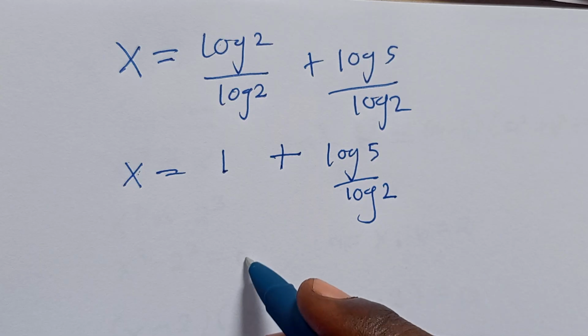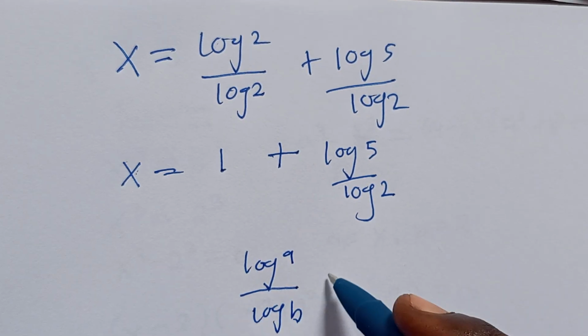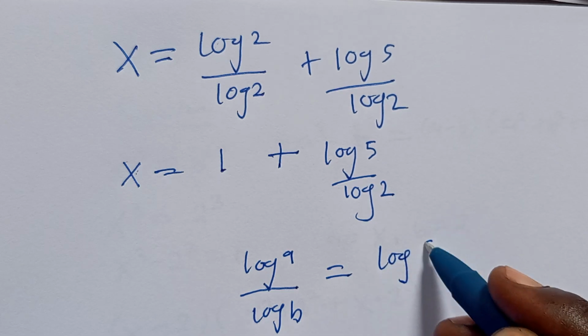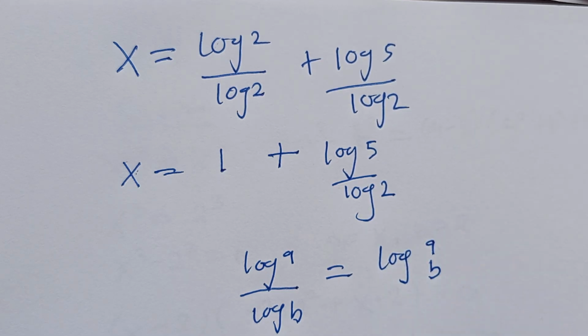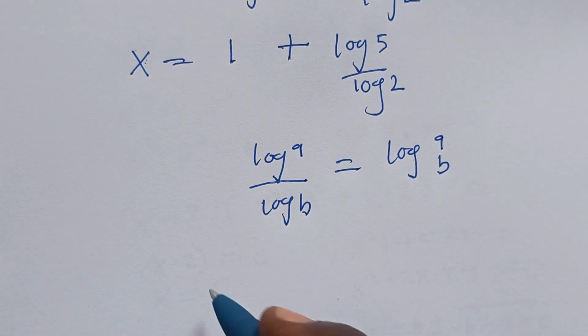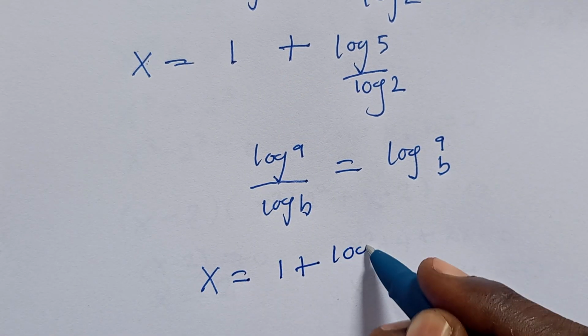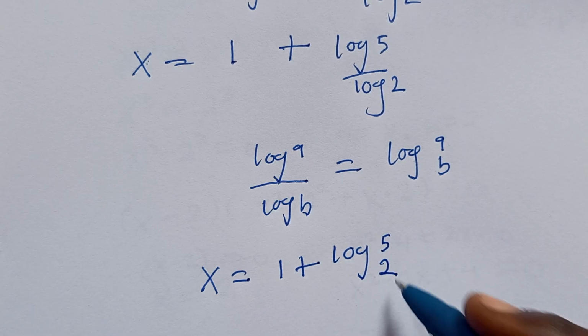But recall when we have log a divided by log b, it is the same thing as log a base b. So applying this law here, we now have our x equal to 1 plus log 5 base 2.